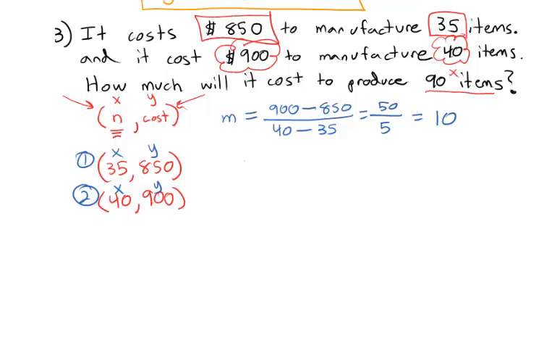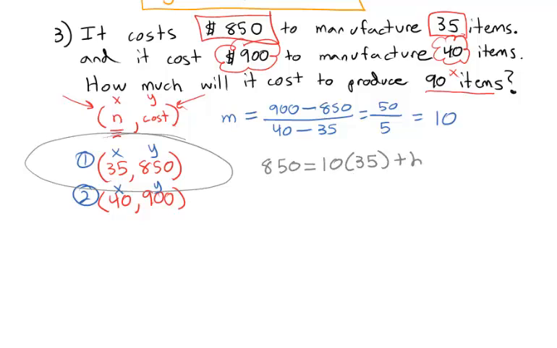So now we can go to our y equals mx plus b equation to find out what the b is going to be. We can use either point as we do this. Let's just use the first point for no particular reason. So the y there is 850 equals m, my slope, 10, times x, which is 35, plus b, and that's what we're looking for. So if we multiply, we have 850 equals 350 plus b.